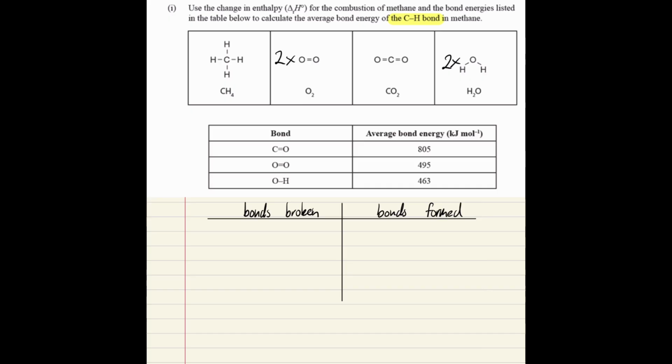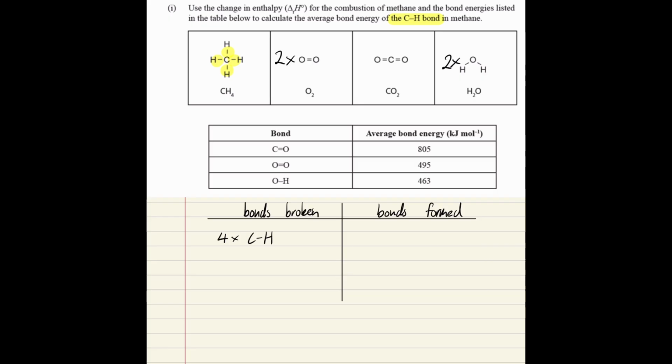Let's start with our reactants. Our bonds that are broken: I got 1, 2, 3, 4. 4 times C to H bonds.